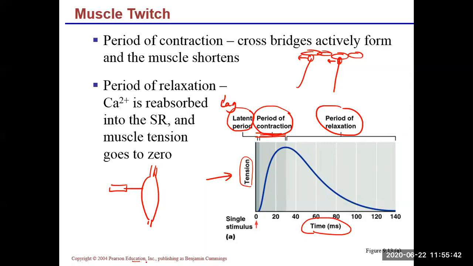Anyways, so muscle is getting shortened during the period of contraction. Think about a spring. Here's the spring inside of your pen. If you push towards the side, it gets smaller. If you push harder, it gets smaller. Then you push harder, it gets smaller.